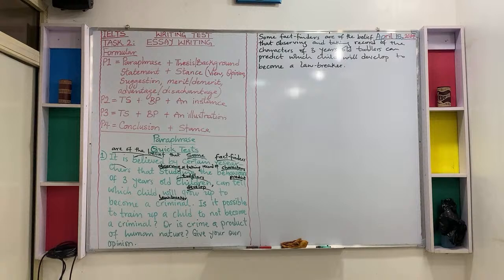So the original question says, it is believed by certain researchers, and our paraphrase says, certain fact finders are of the belief. So it's still expressing the same thing, right? Am I correct?